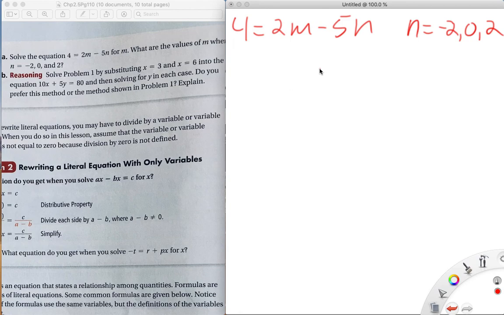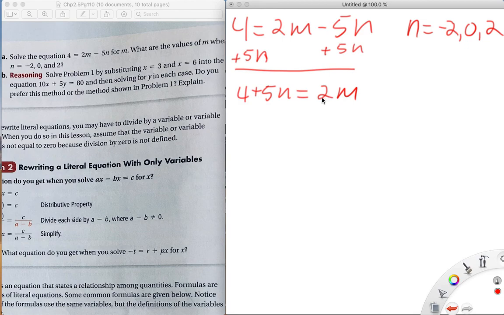So the way that I want to find out what m is, I'm going to first add 5n to both sides. Remember, what I do on one side, I do to the other. So then I have 4 plus 5n equals 2m.